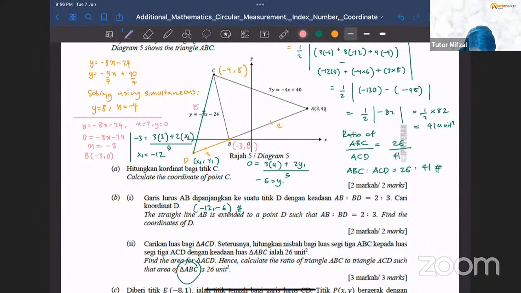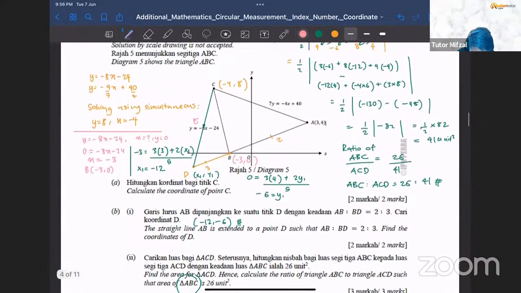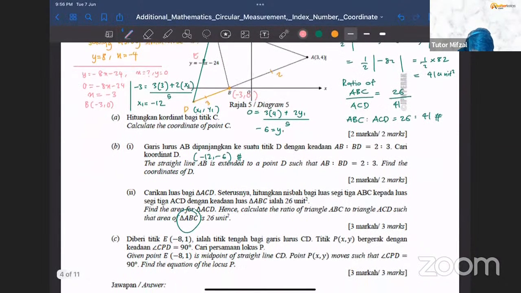So this is what they are asking us to do. Point P(x, y) moves such that angle CPB is equivalent to 90, angle CPD is equivalent to 90. Find the equation of the locus P.